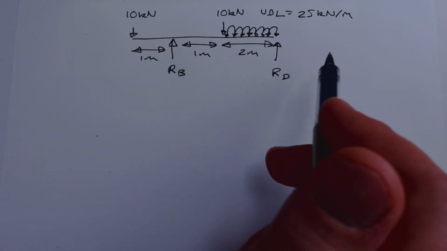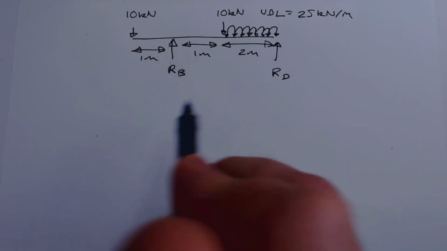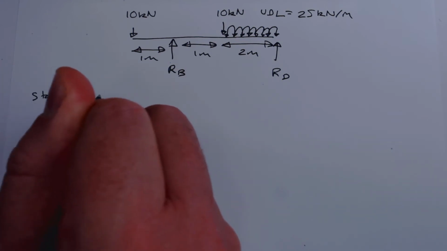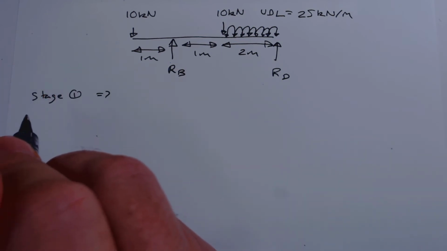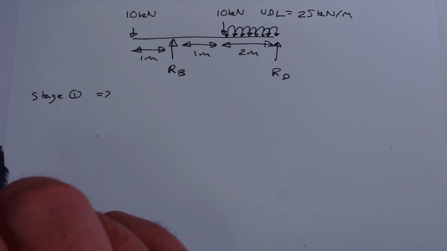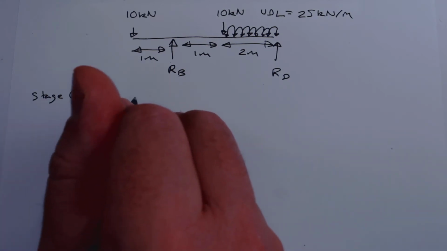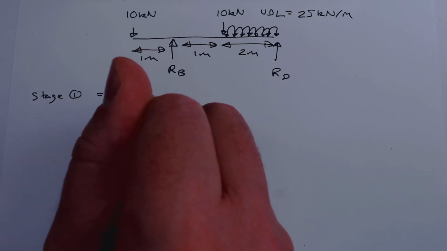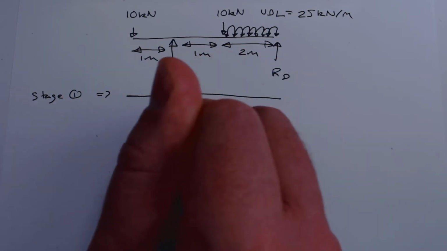So how do I solve this problem? Well, the first stage is to convert this problem as if it was just concentrated loads. The best thing really is to draw it all out again with concentrated loads.